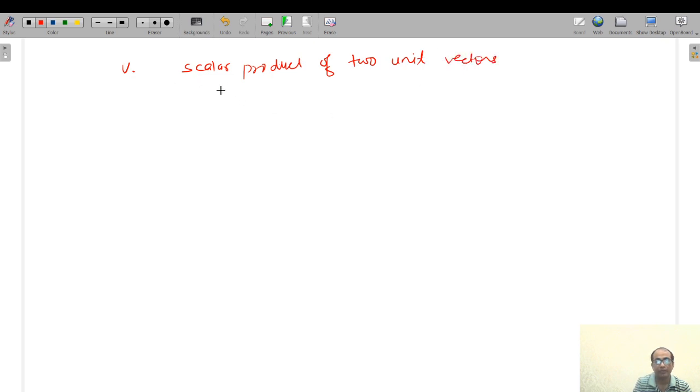Okay, so let us have two unit vectors. One is n1, other is say n2, and if we multiply them, if we dot them, so what will happen?